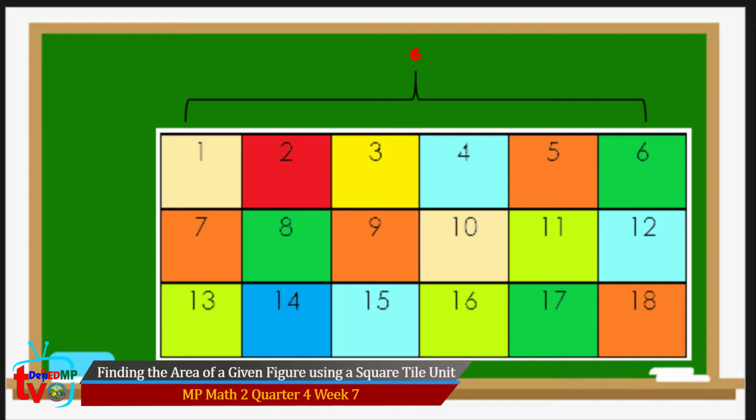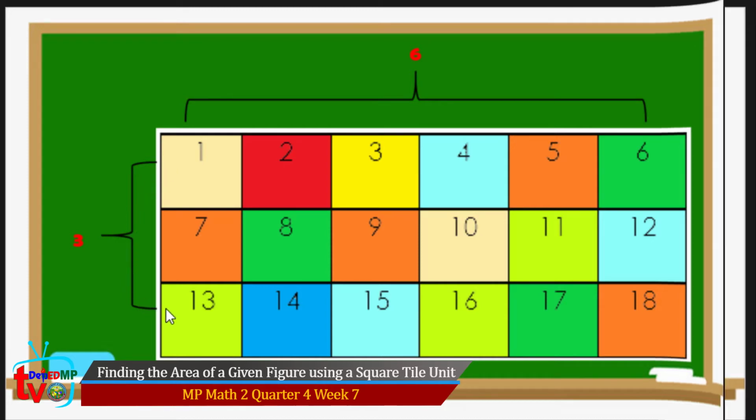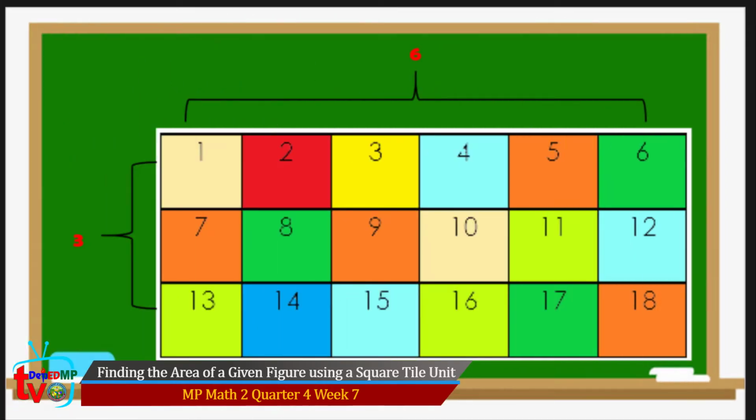1, 2, 3, 4, 5, and 6. There are 6 square tiles for the length and 3 square tiles for the width. How many squares are colored orange?